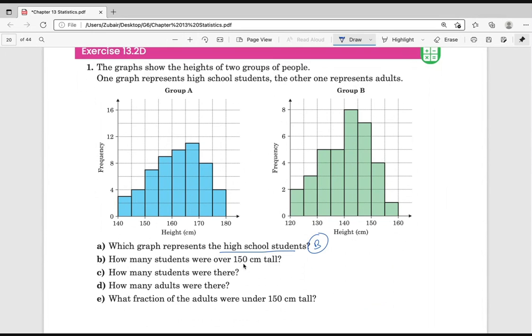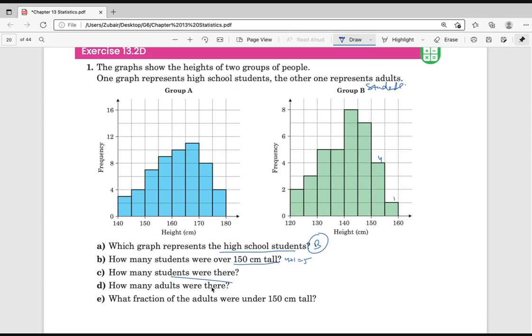How many students were over 150 centimeters tall? These are students who were in group B. So how many students? 5 students. 4 and 1, 5.